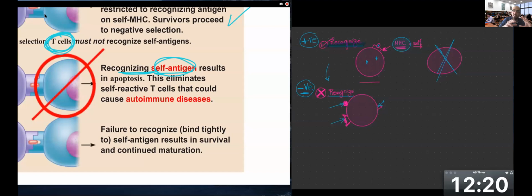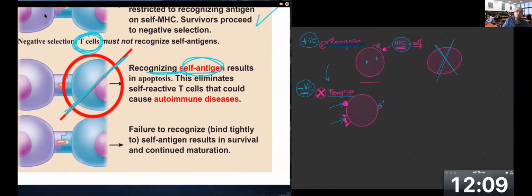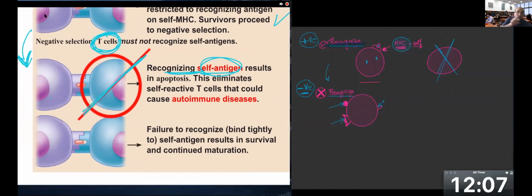So if I find cells which are attaching to the self-antigens, it's time to get rid of them before they start to attack my own tissues later on. So I get rid of the ones that fail to not recognize the self-antigen. Those that do not recognize the self-antigen will be good to leave school.